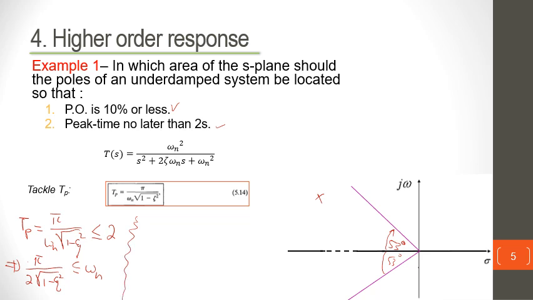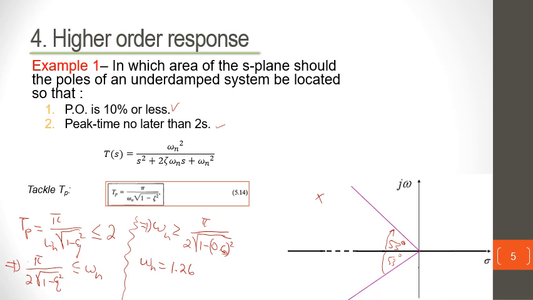And from there, we can substitute to show that the natural frequency has to at least be equal to pi divided by 2 times the square root of 1 minus zeta squared. Since you already know the damping factor from the previous calculation, which was 0.6, we can just substitute here 0.6, and we can get that the natural frequency is therefore limited to 1.26.